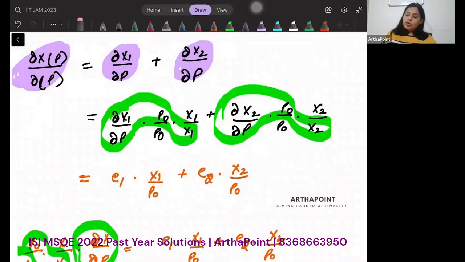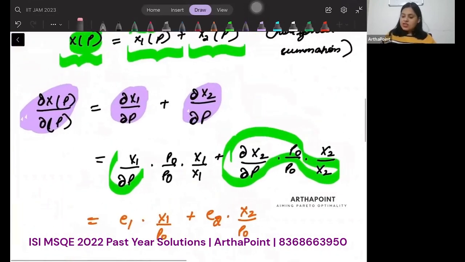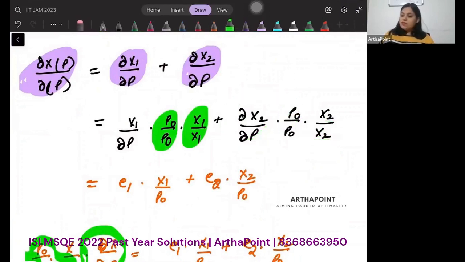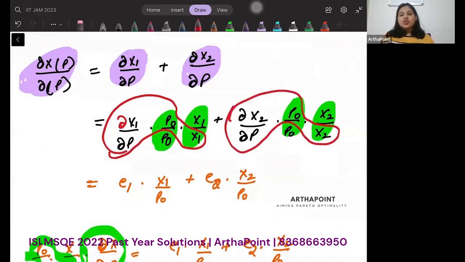Now, in order to convert this into elasticity, here I can just multiply this by P naught by P naught into x1 by x1. And I can also multiply the second one by P naught by P naught into x2 by x2. Very simple. And now I can formulate that this is the elasticity of consumer 1 and this is the elasticity of consumer 2.